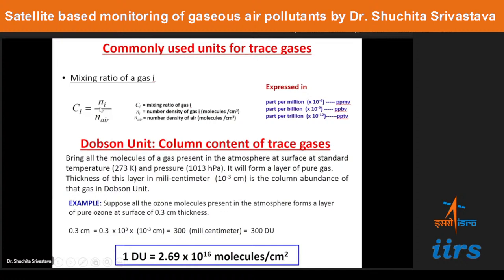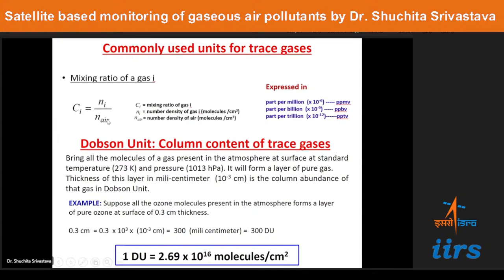And here you can see Ni, which is the number density of the target gas, and N-air, the number density of total air, which includes nitrogen and oxygen molecules, including all the other molecules. So Ci will be the mixing ratio of gas i, Ni is the number density of that gas, and N-air is the number density of air.